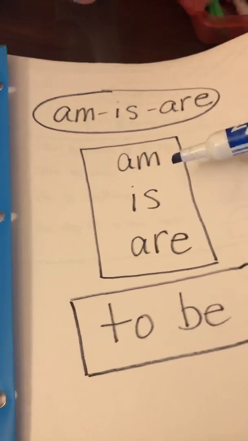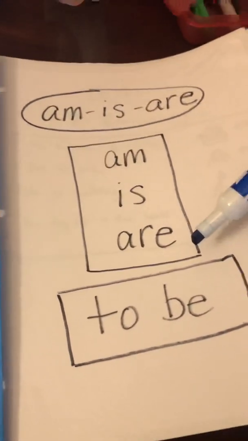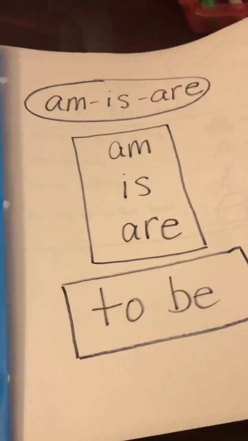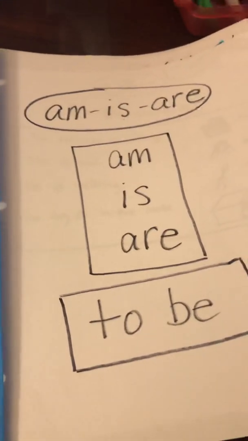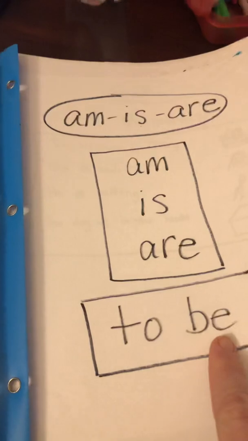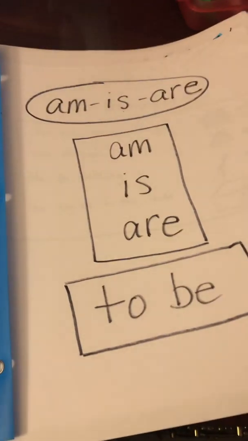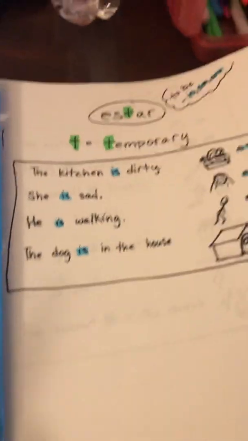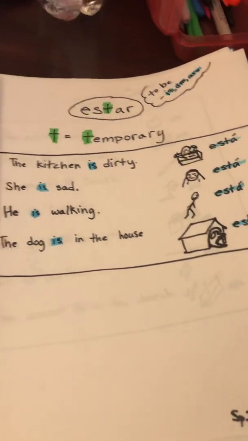And we change that into am, is, are, depending on what subject we're using. So that's what we're going to learn in Spanish. And the crazy part in Spanish is to be, there's two different verbs that mean to be. So the first verb that means to be is estar.